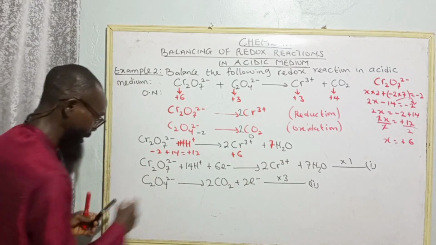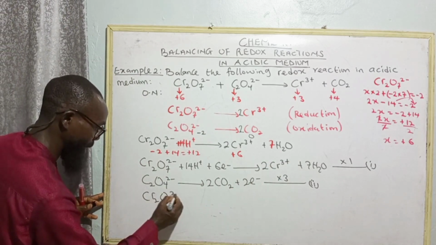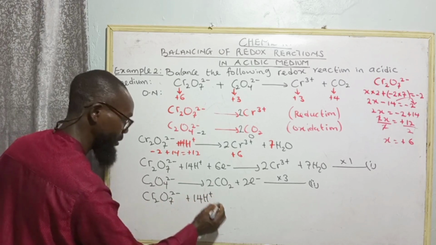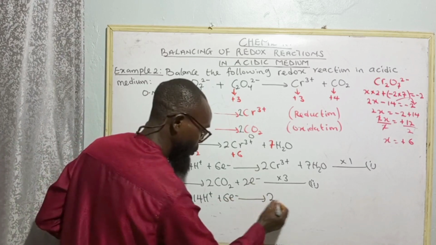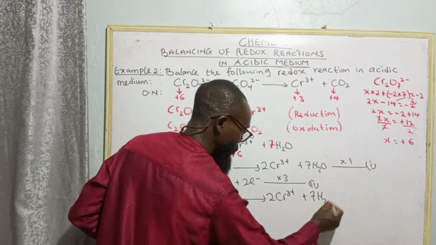So 1 multiplied by this, I have Cr2O7 2 minus plus 14H plus 6 electrons to give 2Cr3 plus 7H2O.